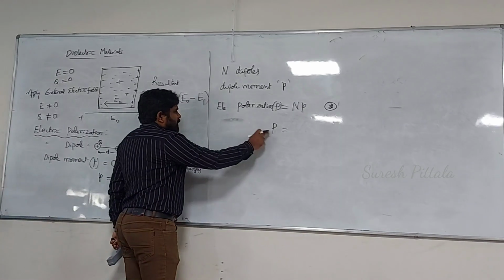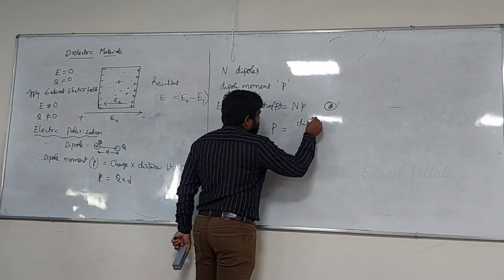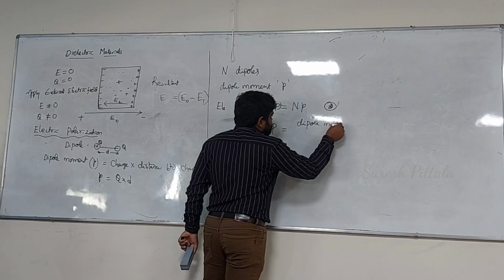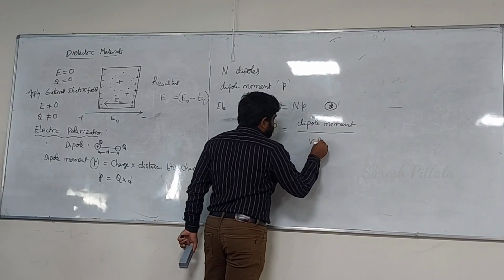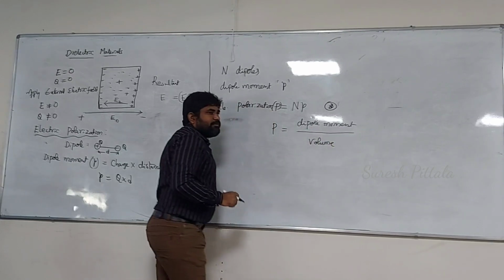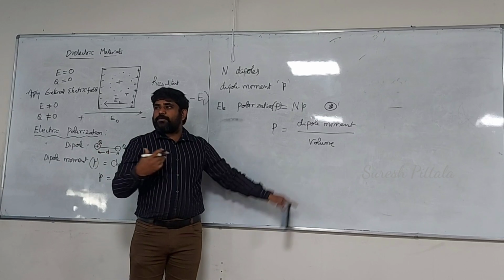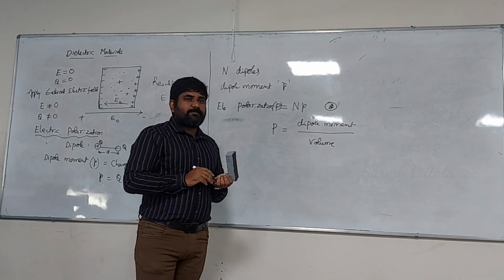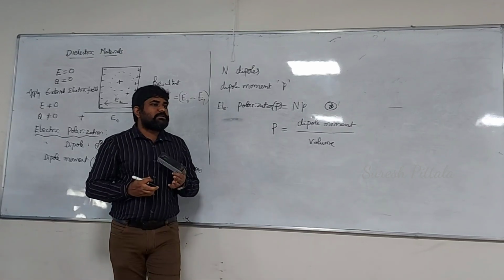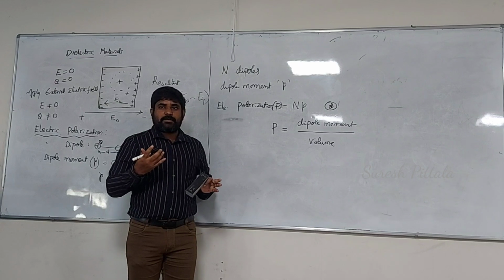So the electric polarization can also be defined as dipole moment per unit volume. This is another way to define it. Again here you are looking at the entire volume of your material, not restricted to a single dipole. Whenever you use the term polarization, you are considering the complete body.